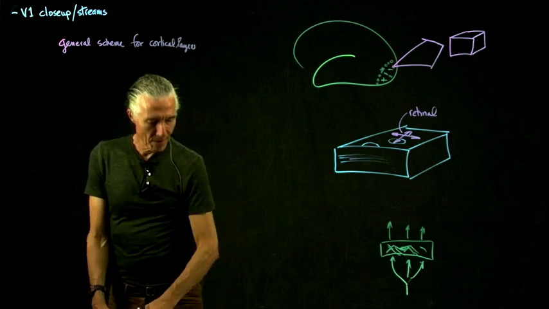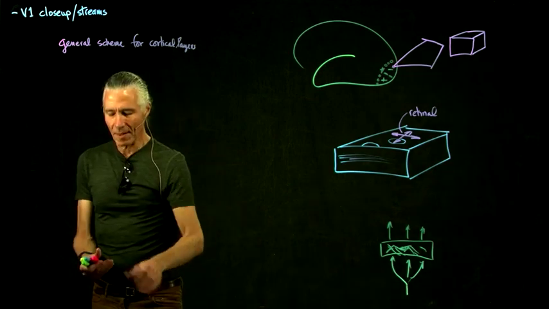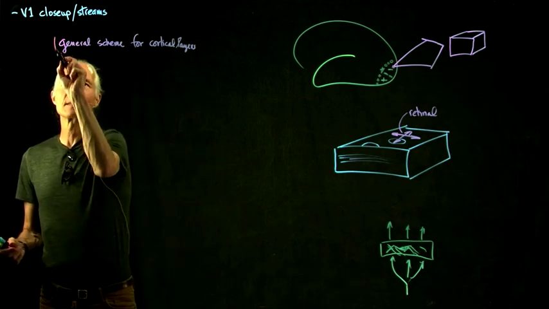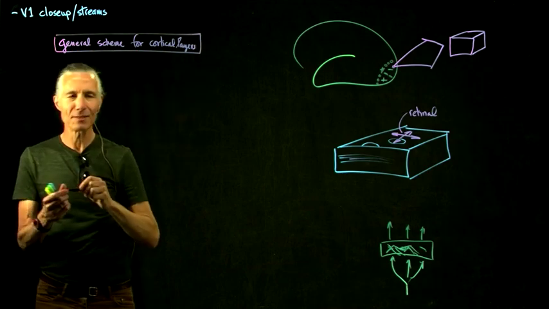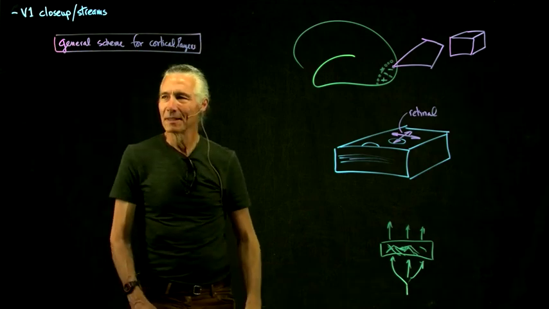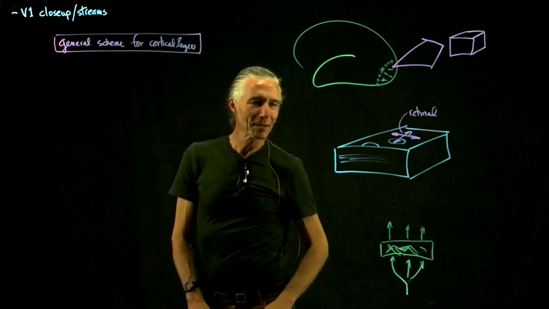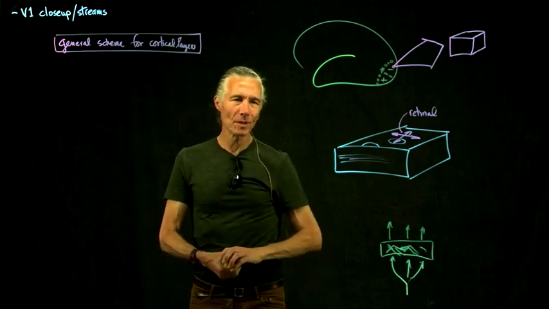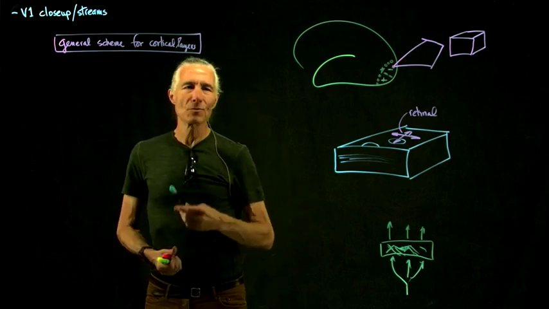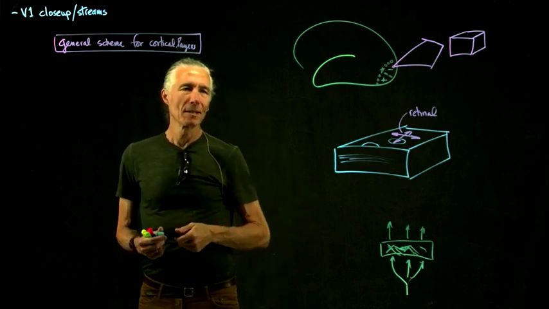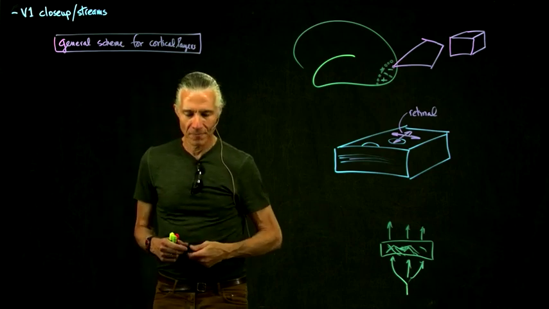When we talk about a general scheme for cortical layers, it's like a rule of thumb. It's not 100% true. It's kind of 85 or 90% true, but it gives you some general framework to look at connections between cortical areas.